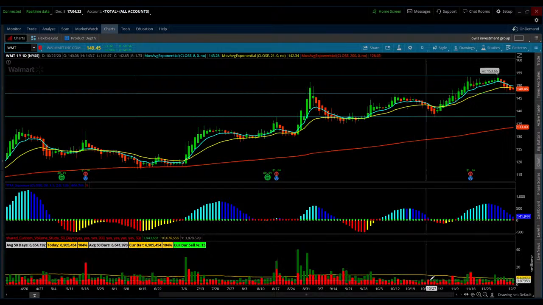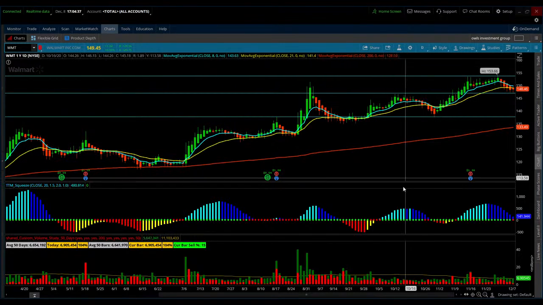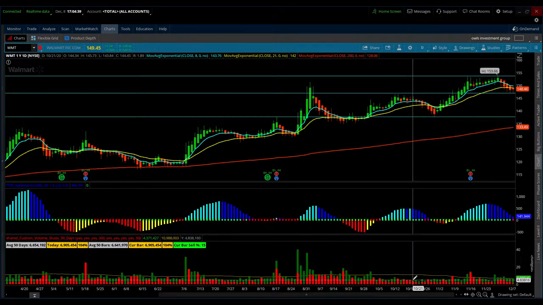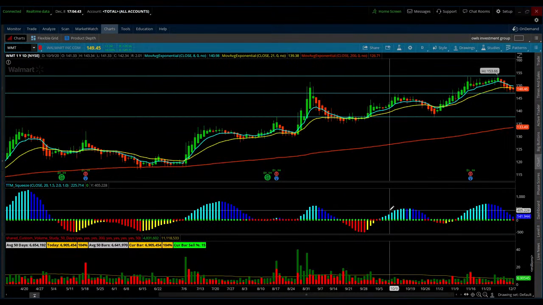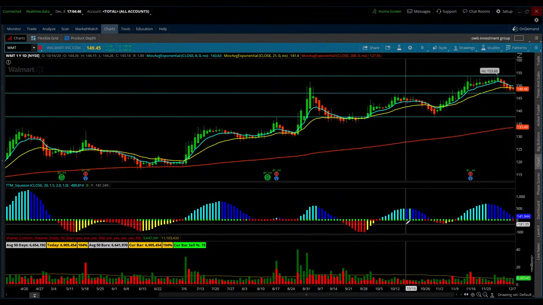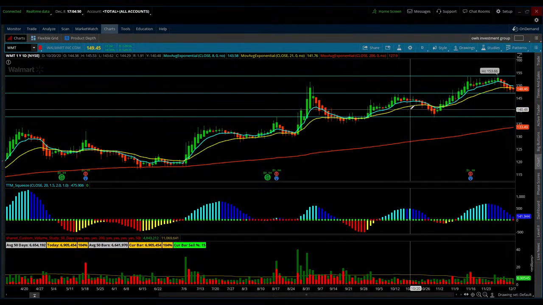Microsoft is very similar. Walmart has just been consolidating, and the volume has been kind of dead. Even on TTM, there's a little bullish momentum, but not enough to get enough premium out of your contract. And that's why I never swing Walmart, unless you get really in the money plays.